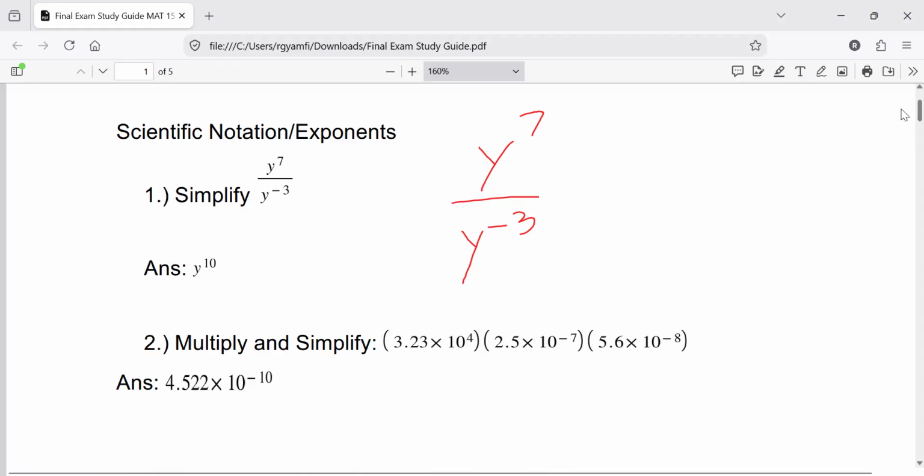Now, because this is a division problem, I can rewrite it as y to the power 7 divided by y to the power -3.